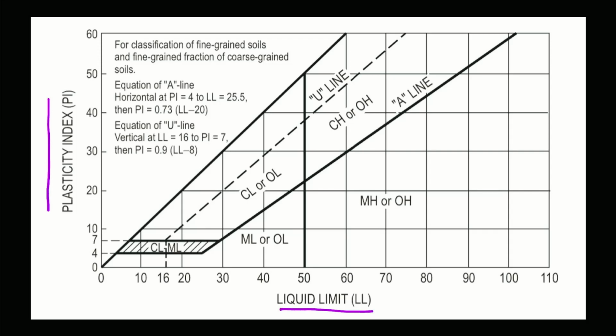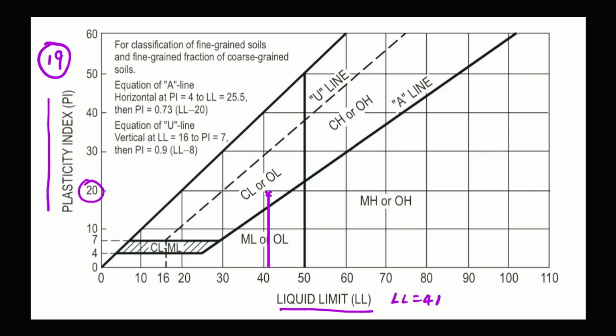And we just calculated, we know that our liquid limit (LL) is 41, so we can go ahead and find that 41. And our PI, if you remember, we got a 19 from our calculation. So 41 going up, 19 probably will stop it here. This is 20, so somewhere over here.